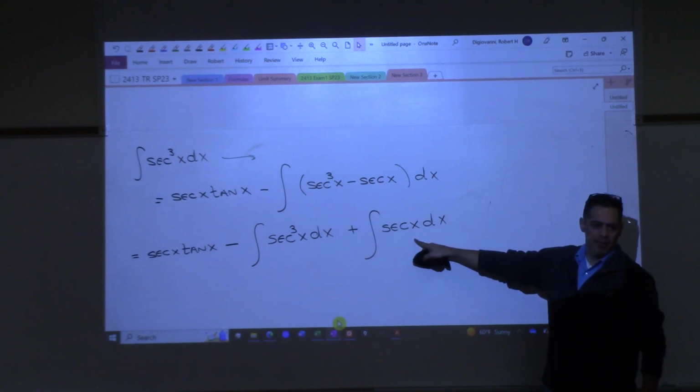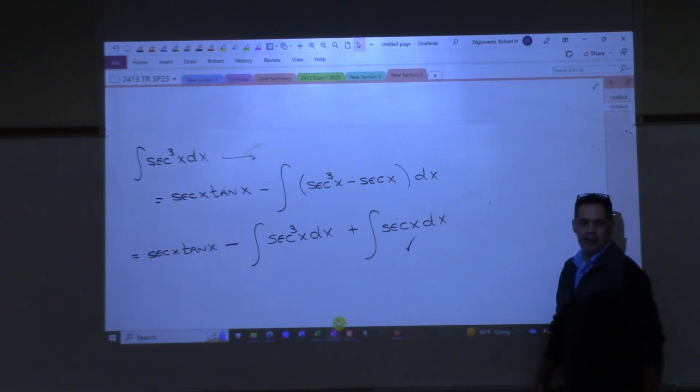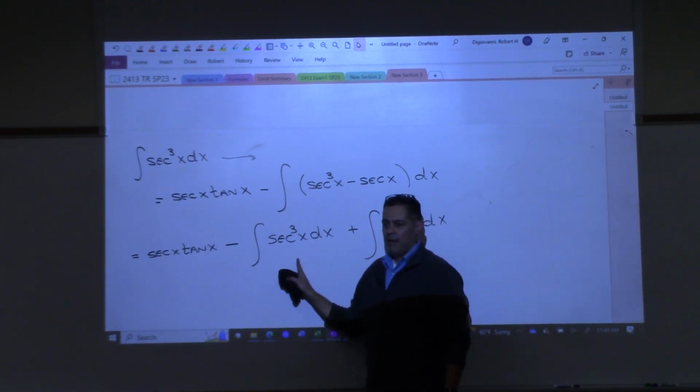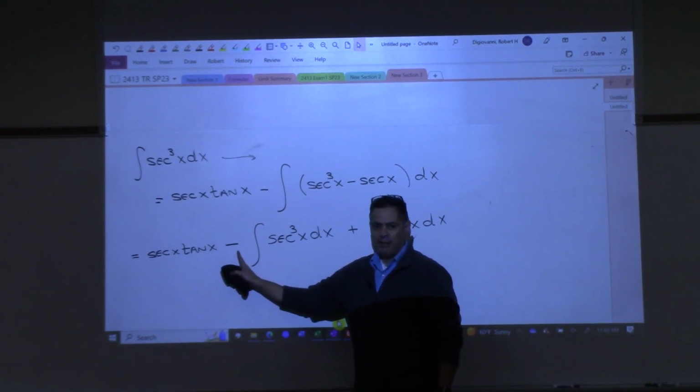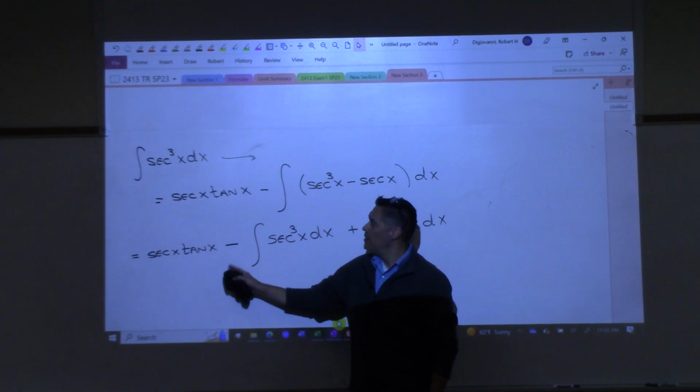We just proved it, didn't we? Natural log of the absolute value of secant x plus tangent x. So I can handle that, can't I? And this is the integral I'm looking for, right? But do you see how it's being subtracted? That means I can add it to both sides of the equation. That's not what happened in the previous way.